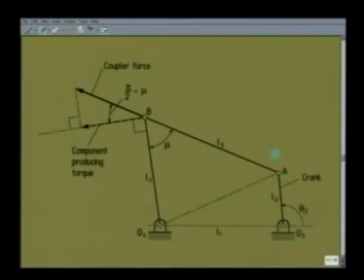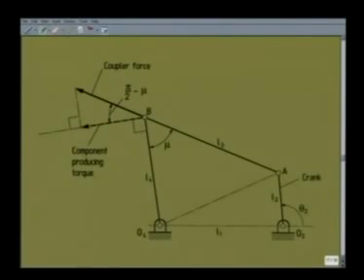As we said, if we assume that coupler AB is a 2 force member, then the entire force that AB exerts on the output member O4B is along the line AB. So, this is the direction of the coupler force. However, it is only this component which is perpendicular to the follower produces torque to drive the follower. So, we have to ensure that this angle is as small as possible.